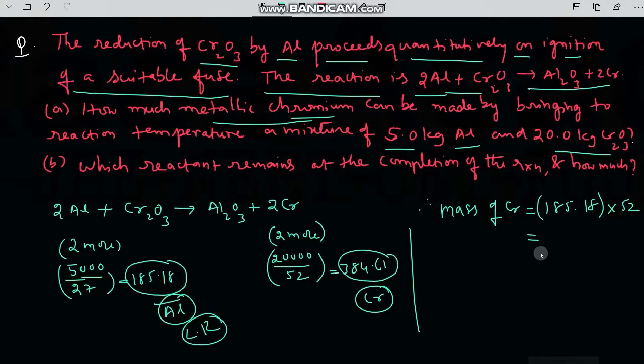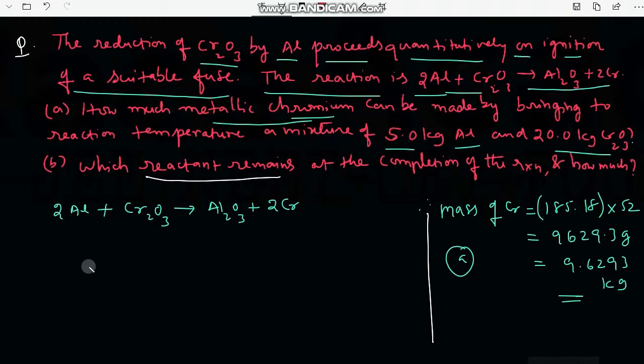Whatever the multiplication value we have will be the value in terms of grams, that is 9629.3 grams I got. It indicates 9.6293 kilograms of chromium is the answer for the first question.